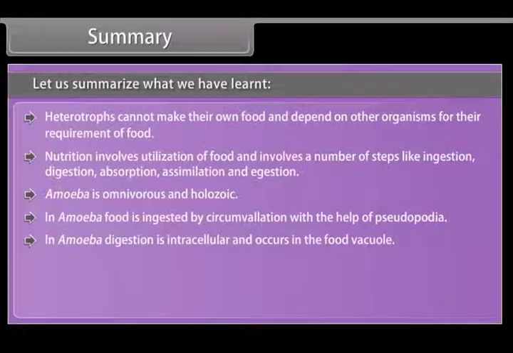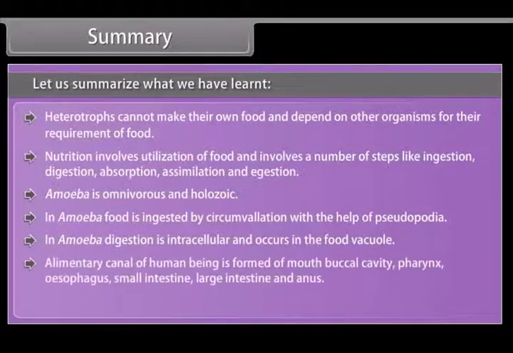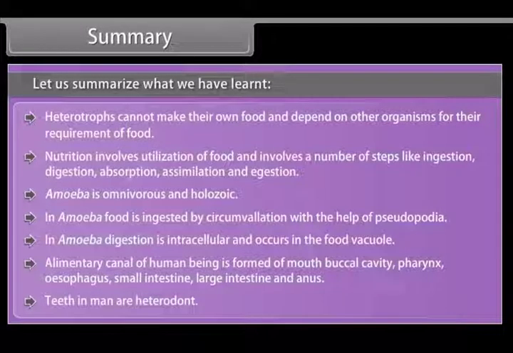In amoeba, digestion is intracellular and occurs in the food vacuole. Alimentary canal of human being is formed of mouth, buccal cavity, pharynx, esophagus, small intestine, large intestine, and anus. Teeth in man are heterodont.